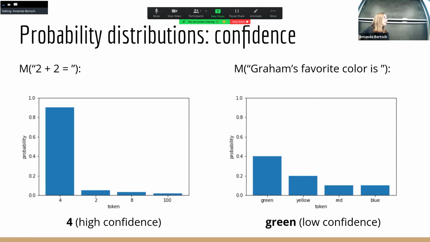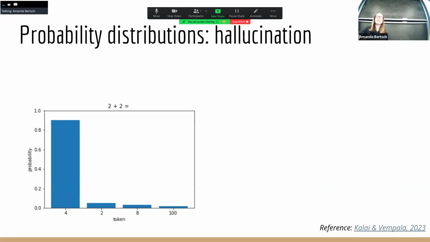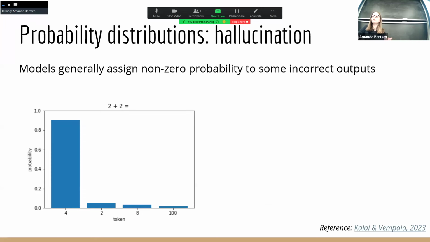The flip side of this, though, is that for the case of 2 + 2 = 4, not all of the probability mass is on 4. And so models that are conditional probability distributions can hallucinate. Pretty much no matter what you do, there's going to be some non-zero probability on some output that's incorrect or undesirable, in some cases maybe even offensive, something that you don't want the model to output. This is an artifact of the way these models are trained.